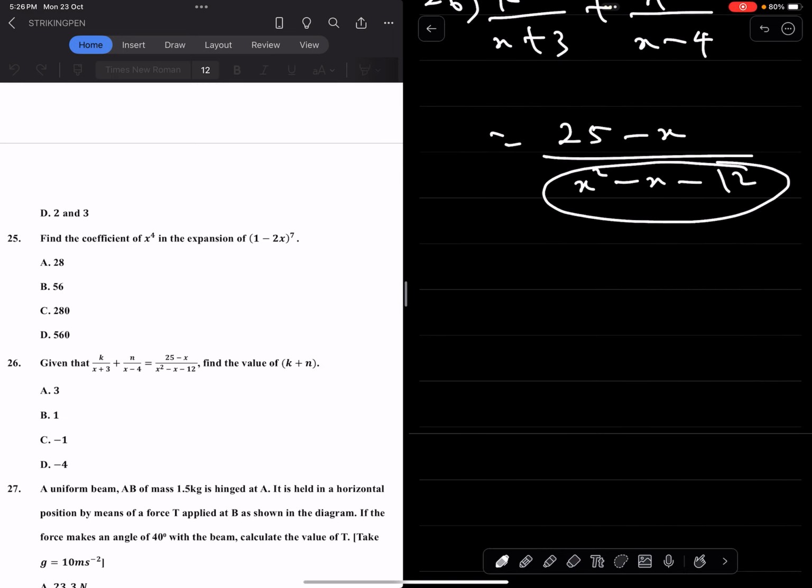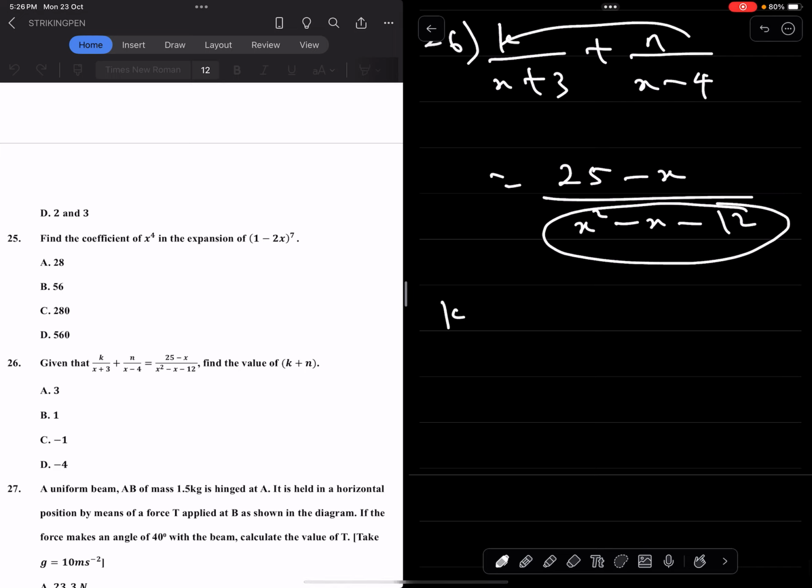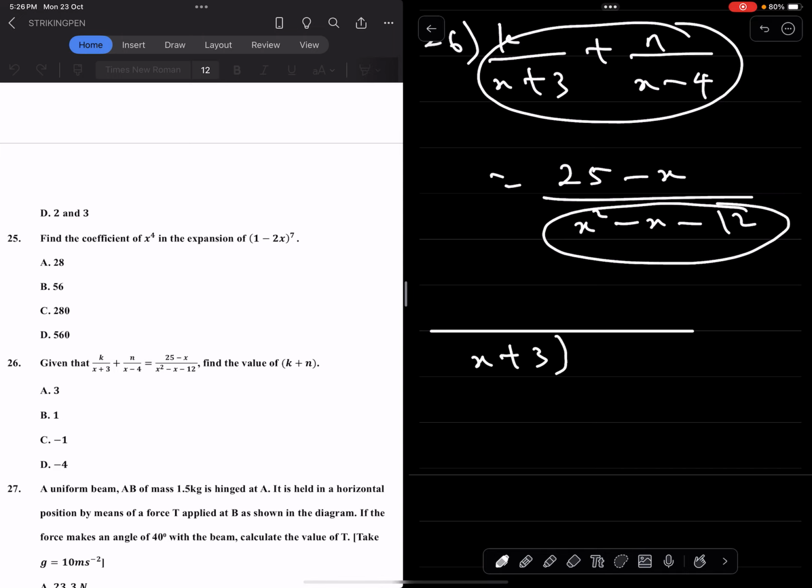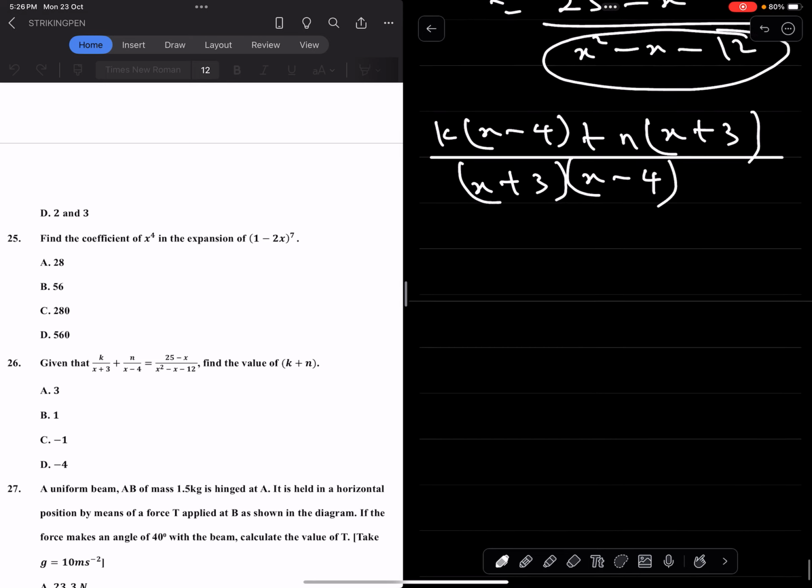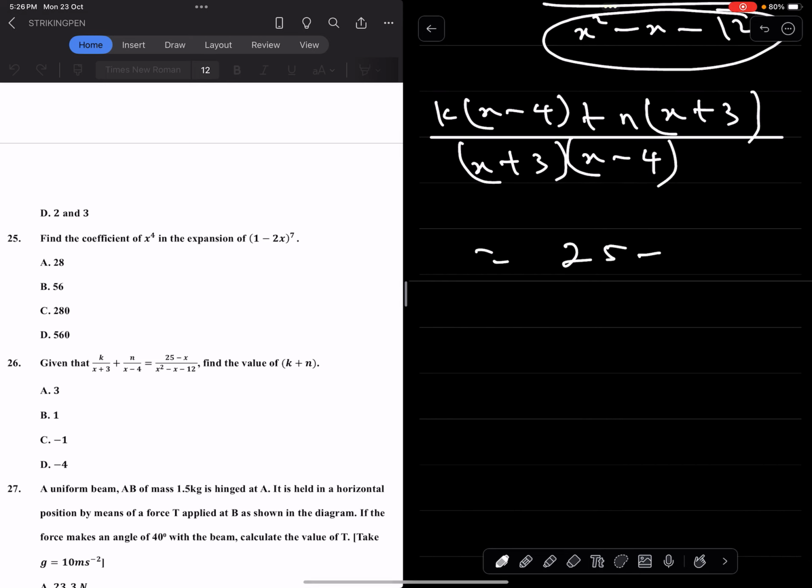If I add these two fractions, the LCM will be the product x plus 3 times x minus 4, and that will be k into brackets x minus 4 plus n into brackets x plus 3, and that's equal to 25 minus x over x squared minus x minus 12.